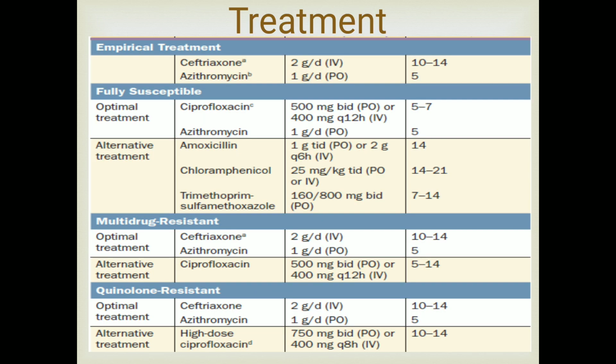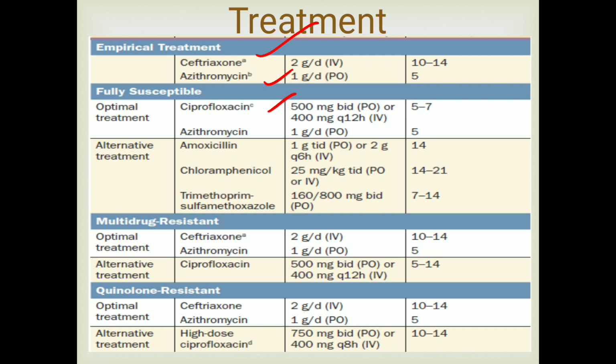Coming to the treatment, the main treatments are 3rd generation cephalosporins and fluoroquinolones, but because of the resistance to fluoroquinolones, they are not considered the first line drug. So empirical treatment is either ceftriaxone or azithromycin. Ceftriaxone 2 gram per day, that is 1 gram IV BD for 10 to 14 days. For fully susceptible individuals, if it is not resistant to fluoroquinolone, you can try ciprofloxacin and other drugs like chloramphenicol and Septran.